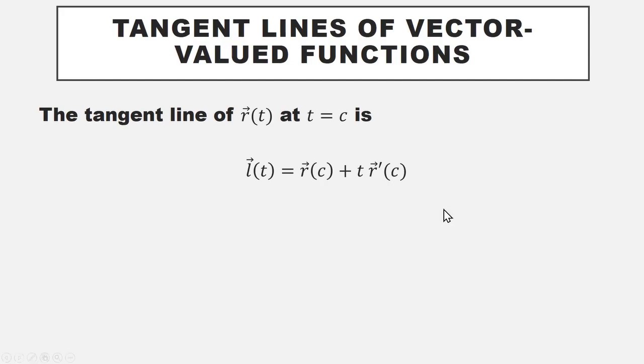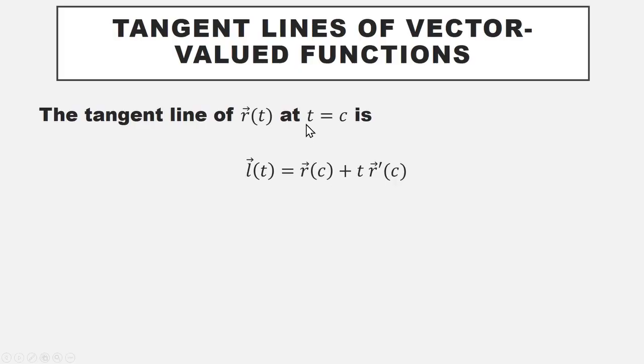So if I know the direction of the tangent line is given to me by the derivative of r, then that's going to be my direction vector. If we're saying what point does it go through, well, it goes through r of whatever point we're at.